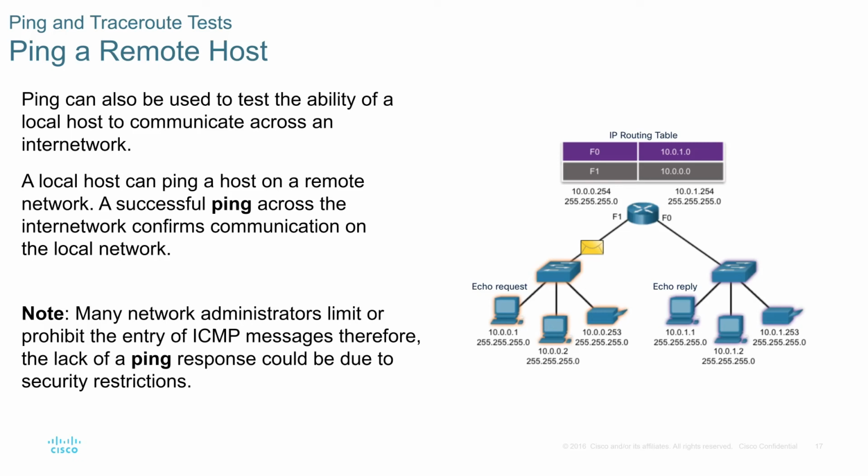A local host can ping a host on a remote network, and a successful ping across the internetwork confirms communication on the local network. Many network administrators limit or totally prohibit the entry of ICMP messages. Therefore, the lack of a ping response could be due to security.